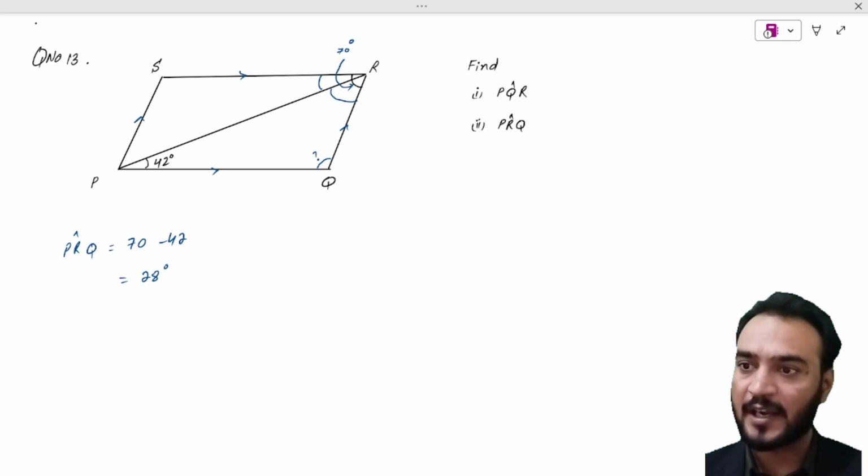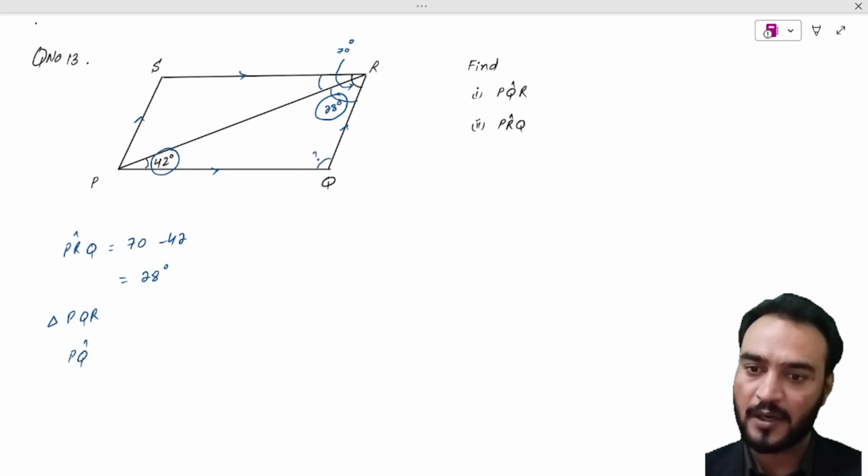Now we will find the angle PQR considering the triangle PQR. In triangle PQR, we know two angles, one is 42 degrees and the other one is 28 degrees. And we put the sum of these three angles equal to 180 degrees to find the angle PQR. So the angle PQR plus 42 degrees plus 28 degrees is equal to 180 degrees.